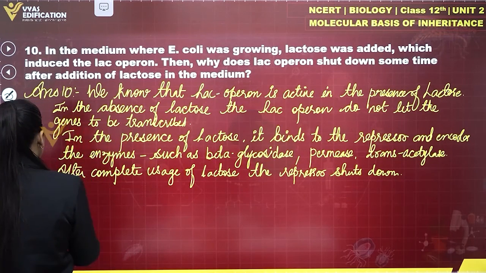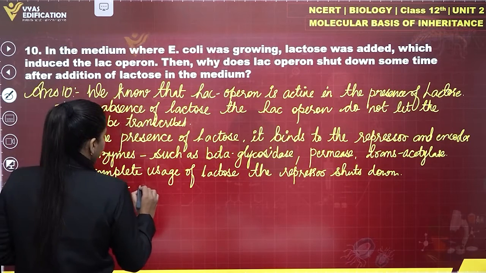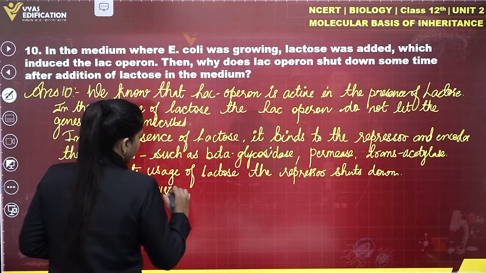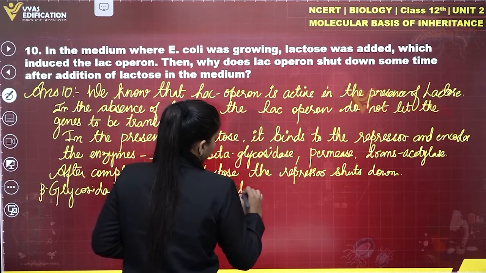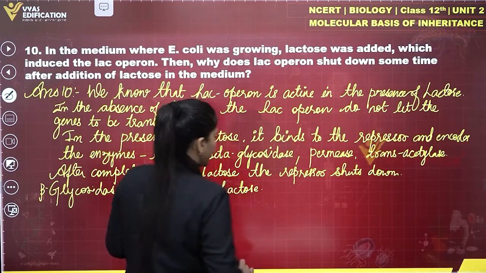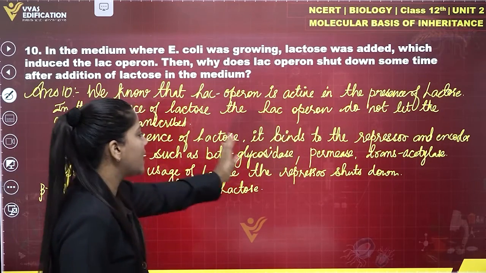Now, what is the function of beta galactosidase? Whenever the lactose is present, the lactose will bind to the repressor and forms these enzymes.